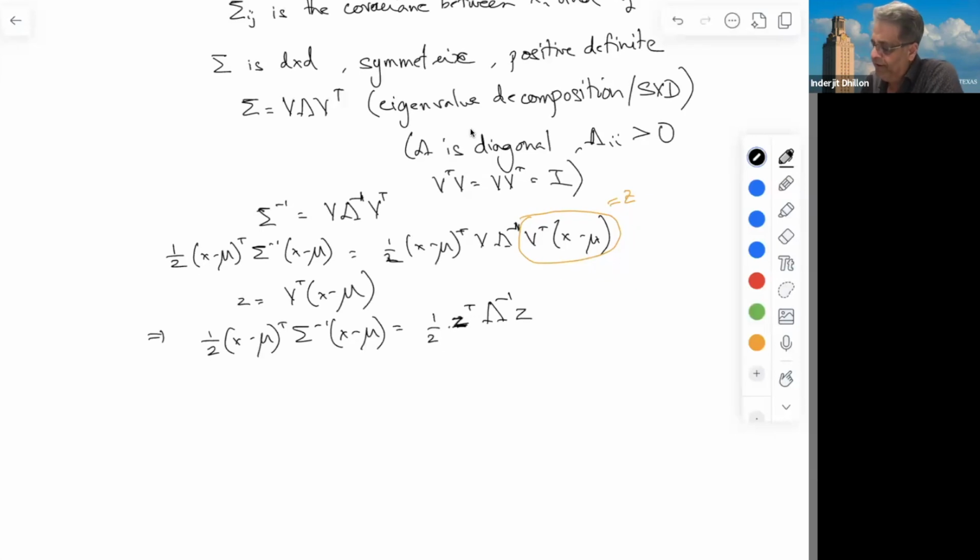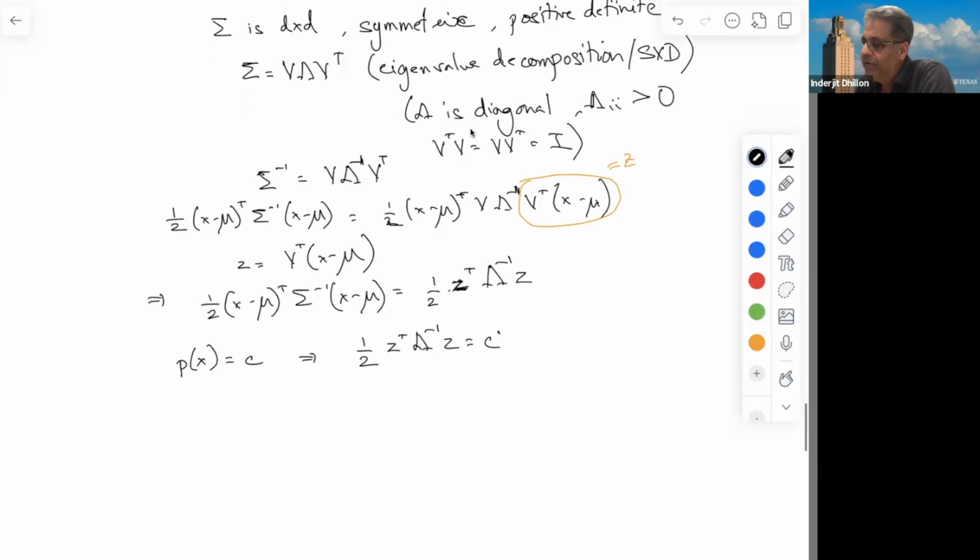If I ask you what are the contours of equal probability density, then P of x equal to C implies that half of z transpose lambda inverse z is equal to some C prime.